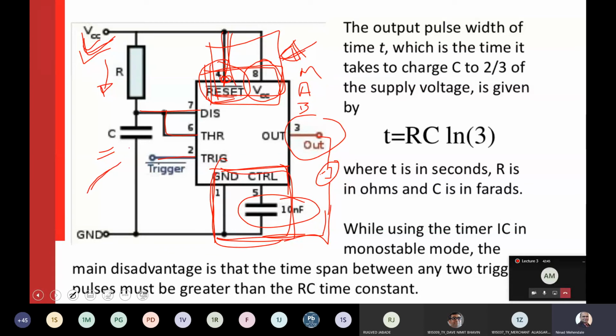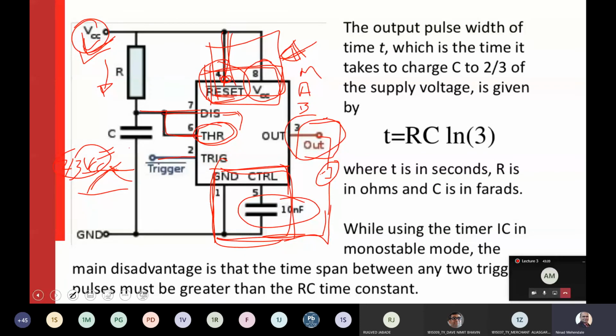It will charge toward VCC, but while charging, as soon as it crosses 2/3 of VCC, the capacitor will discharge through pin number 7, because as soon as the threshold pin crosses 2/3 of VCC, the discharge pin gets shorted and the output will start falling. So the output will remain low because your threshold has already crossed 2/3 of VCC.